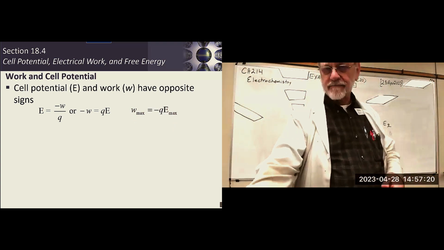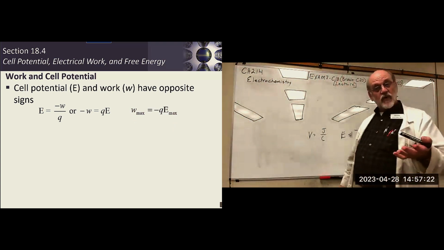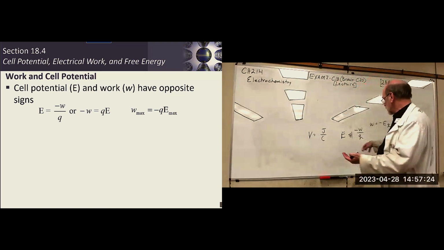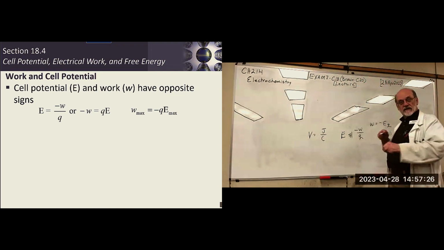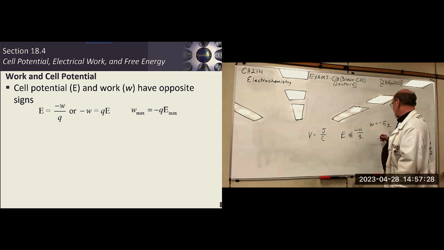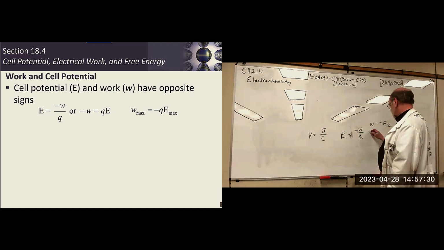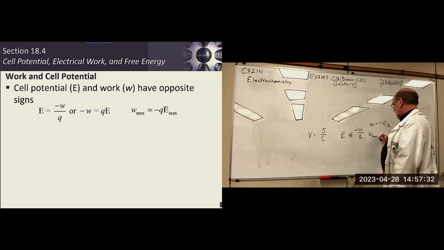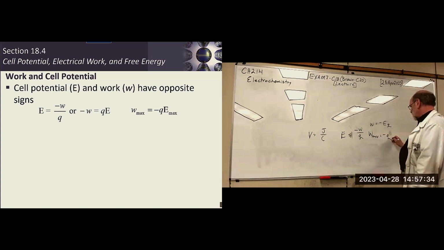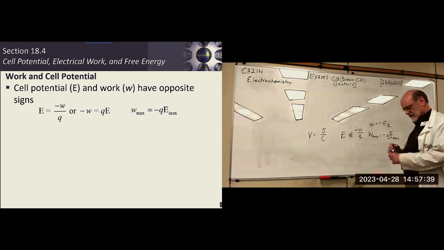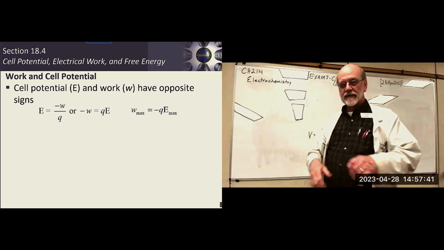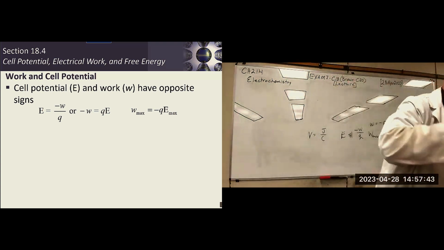Or QE. And the maximum work that can be done, of course, is relative to the maximum voltage that can be expected from that galvanic cell. So let's just write it again. W max equals negative QE max. Now, you see where this is going?